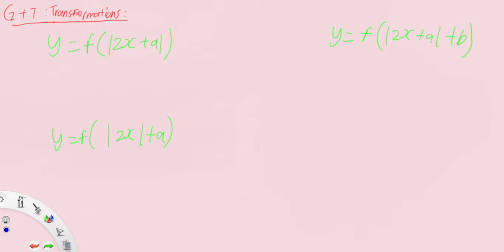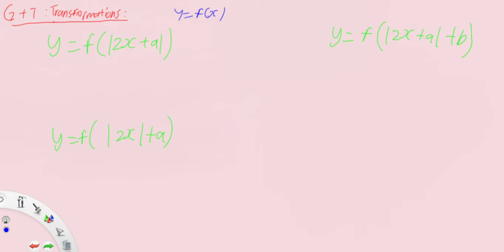If we mod first, we had y equals f(x), and we're going to get y equals f(|x|). Now if you were to translate afterwards, everything applies to the x, so the a will be inside the modulus as well. As such, for this case, you need to modulus first.